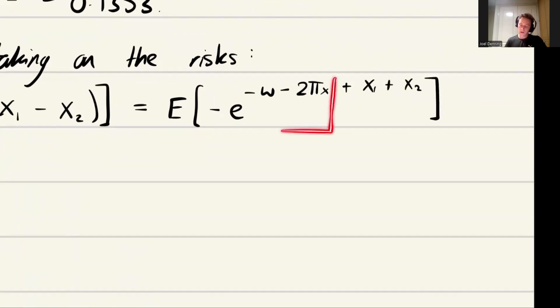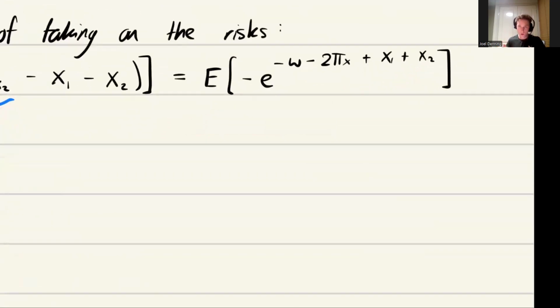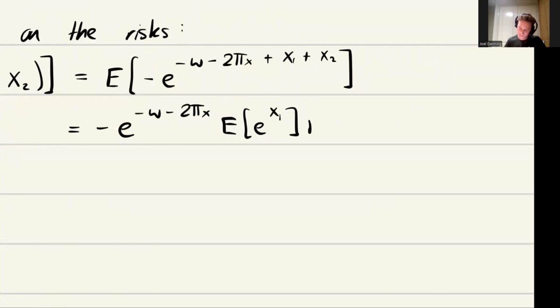So now this part with the w and the pi of x, that's just a constant, so we can pull that out of the expectation. And then since x1 and x2 are independent, we can separate those into their own expectations. So our next line is going to be negative e to the negative w minus 2 pi x, and then the expected value of e to the x1 times the expected value of e to the x2.